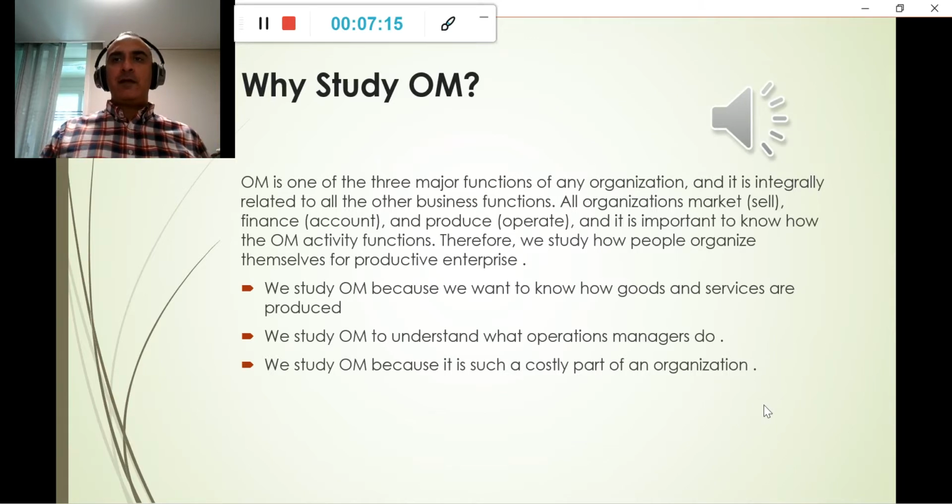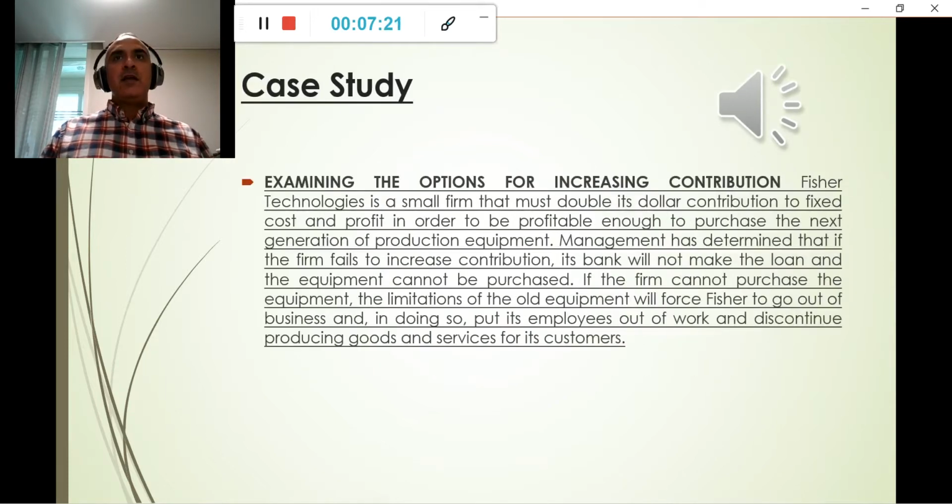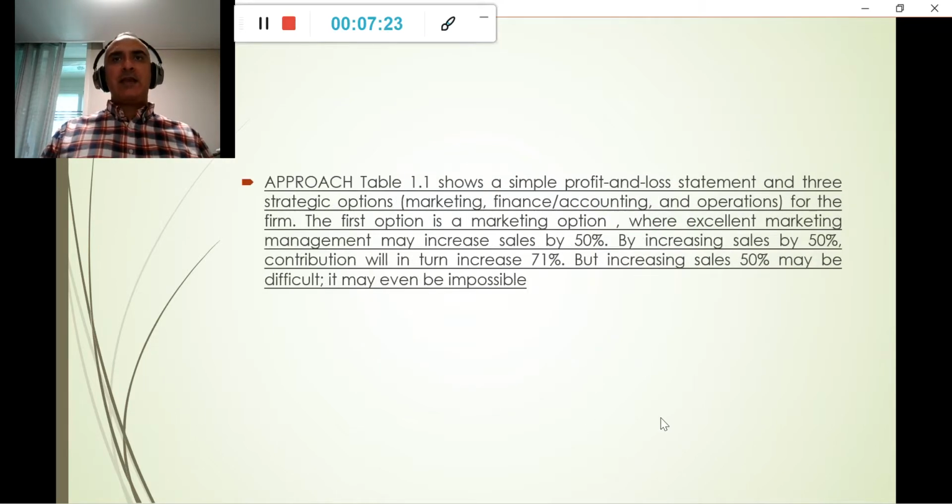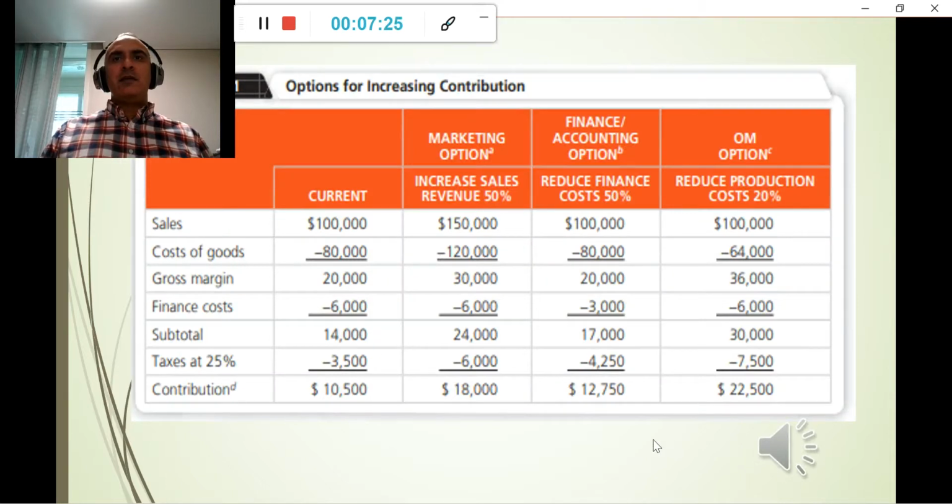If we have a perfect operation, or nearly perfect, it is more likely that we will save more money, right? So here, for example, we're going to see a case study, and I want you to look at it slowly. It asks, for example, what happens if we want to increase the profit or the contribution in a company? Which is better? I increase the sales revenue by 50%, meaning maybe I increase the price of the goods.